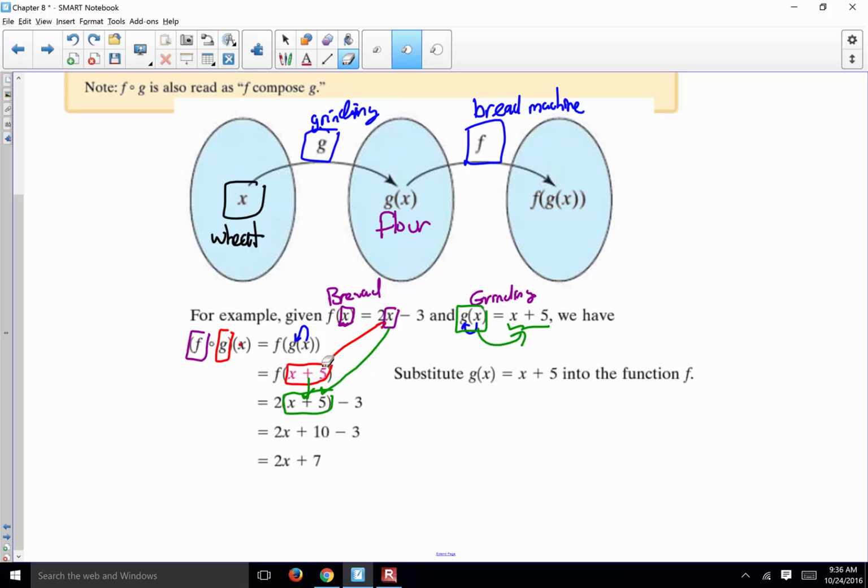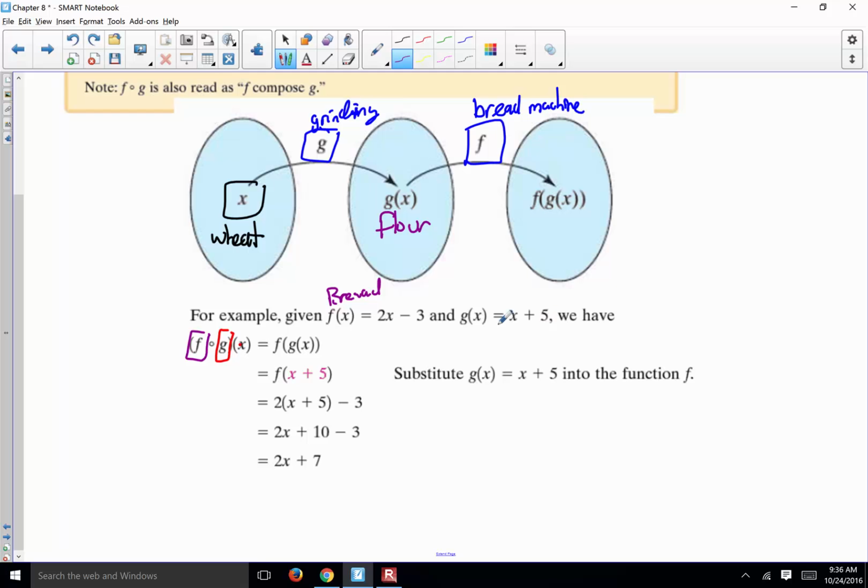Again, for those who don't want the stories, this is what you do. You copy the given formula for g and put it right here. What is the given formula for g of x? x plus 5, right? Next, you copy the given formula for f here, except every x is removed and replaced by this term.